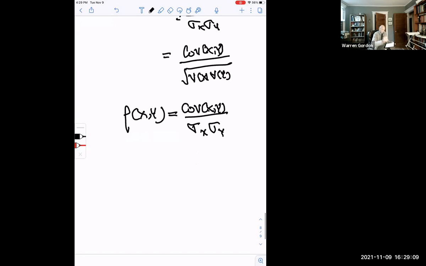Now, why is this nice? Suppose we have two random variables, x and y, and we make a linear change of variables. That is, the new variable u is equal to ax plus b, and this new random variable v is equal to cy plus d, a linear change.